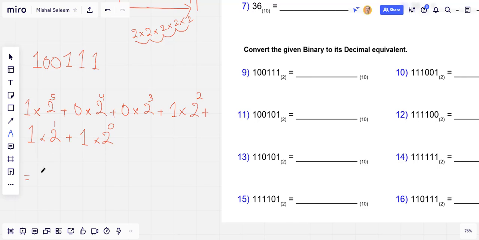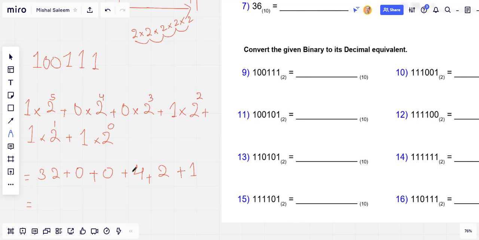And then 32 times 1 is 32, plus 2 to the power 4 is 16, 16 times 0 is 0. 2 to the power 3 is 8, times 0 again 0. 2 to the power 2 is 4, times 1 is 4. 2 to the power 1 is 2, and then times 1 is 2. Anything to the power 0 is 1, and then 1 times 1 is 1.